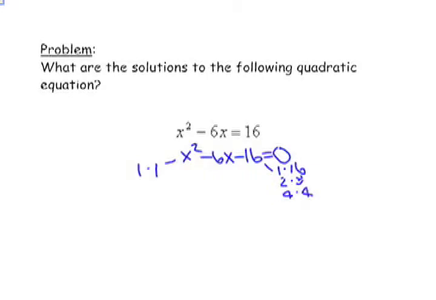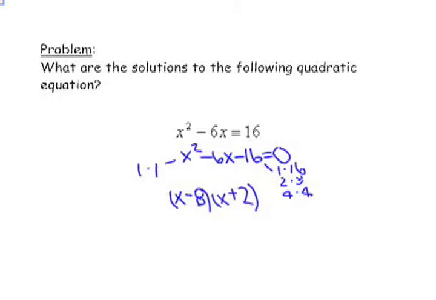Since you have a negative 6 in the middle, when you add or subtract the factors together, you want to get a negative 6. So we know that negative 8 plus 2 is negative 6, so we can use those values when factoring: negative 8 and positive 2.